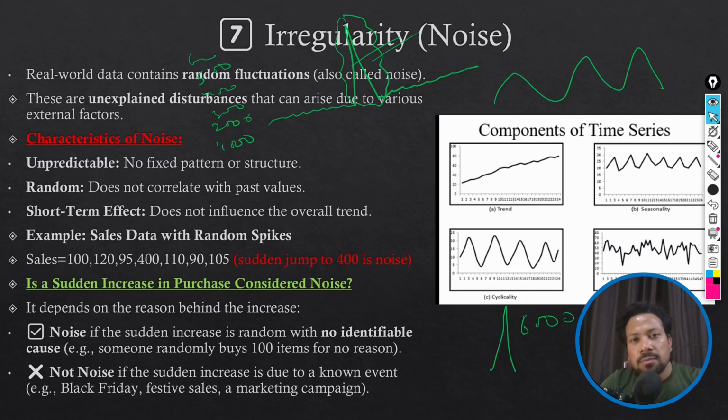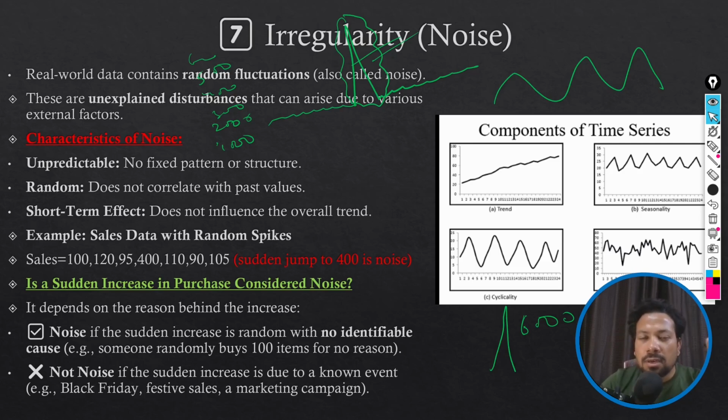Why is it called noise? Because it is different from all the other values, and it is so different that we just want to get rid of it, because our machine learning algorithm is not able to understand why this sharp peak came between this time series.